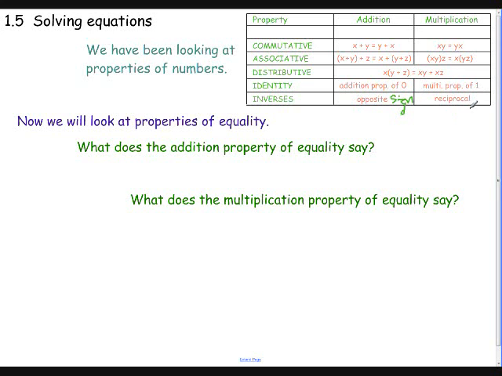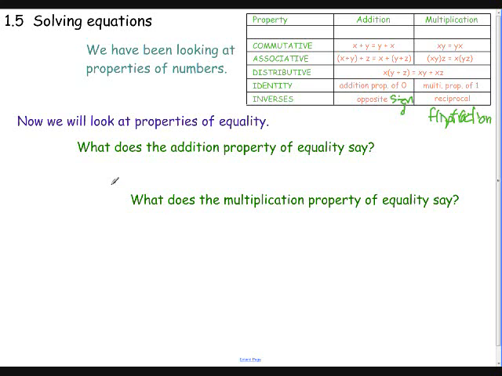For multiplication, we talk about taking the reciprocal or flip that fraction. All right, that's what we're talking. Oh, my handwriting. Good grief. My handwriting is actually pretty good.